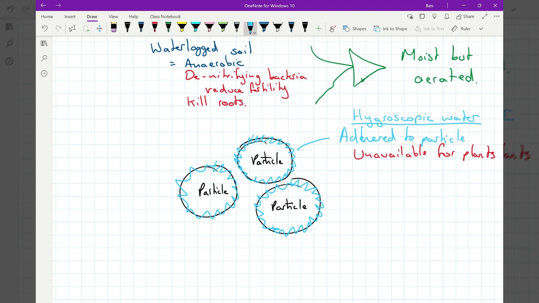Okay, we also then have our capillary water. That is water that's been drawn close to the particle in our soil.